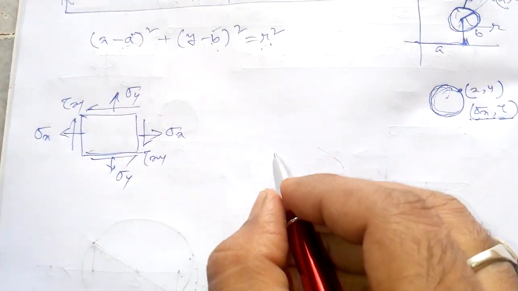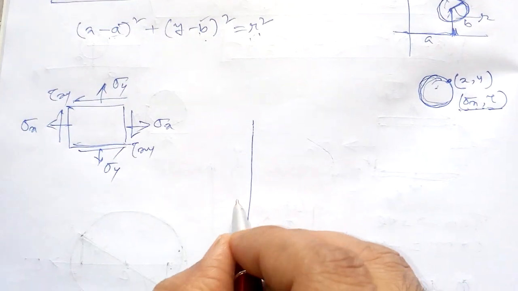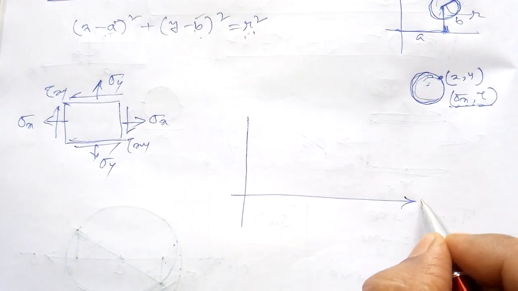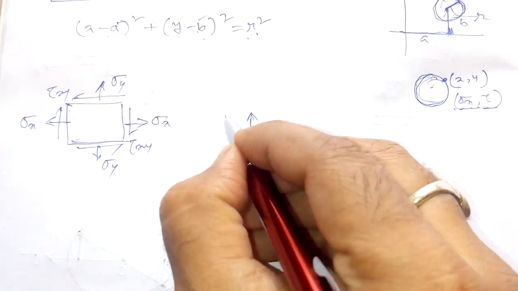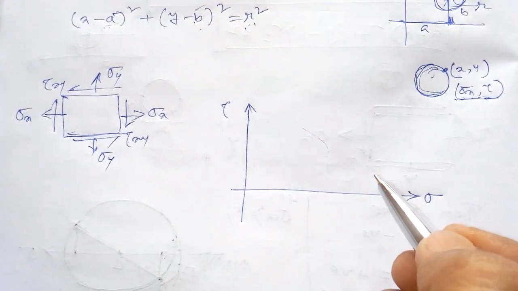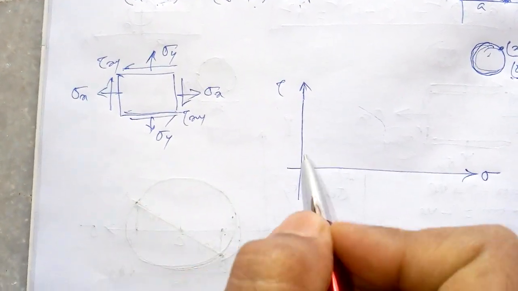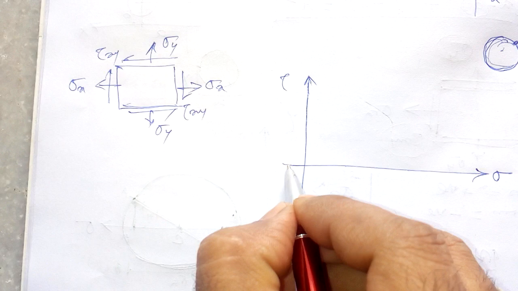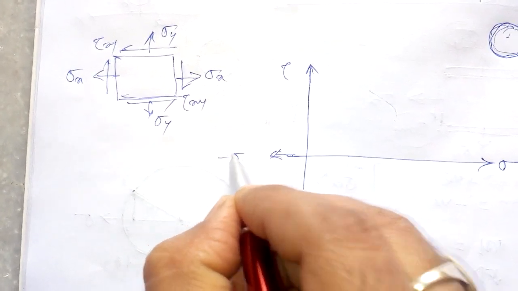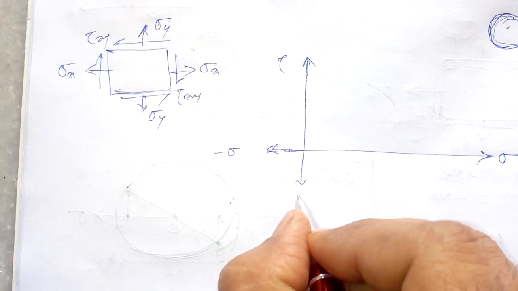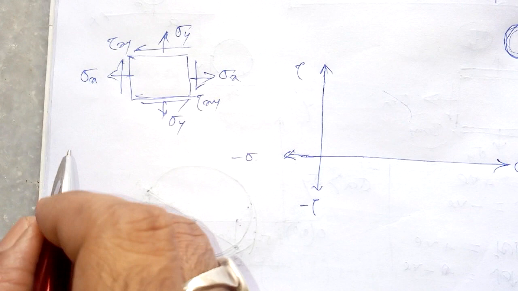So how to draw? We can take sigma in abscissa and tau in the ordinate, right? So if we do so, in this direction there will be minus sigma, and in this direction we have to take minus tau, right? Now we have to do some sign convention.